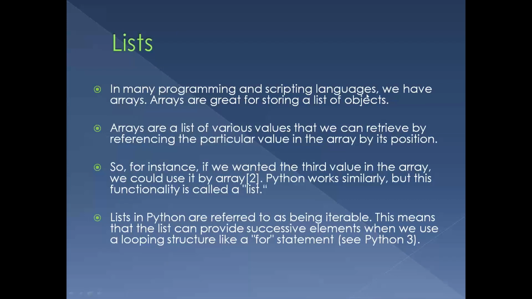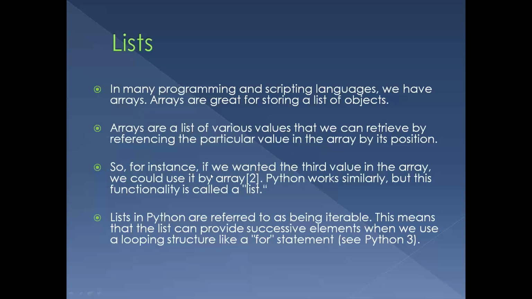We're going to talk about some more data structures in Python. In many programming and scripting languages, we have arrays. Arrays are great for storing a list of objects. Arrays are a list of various values that we can retrieve by referencing a particular value in the array by its position. These are called lists in Python.